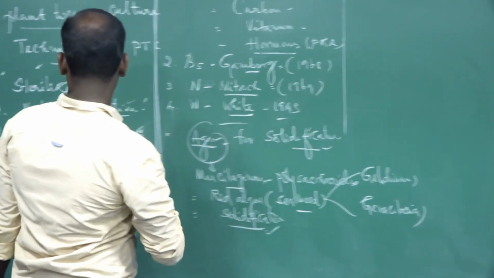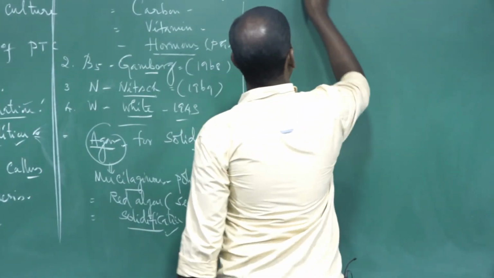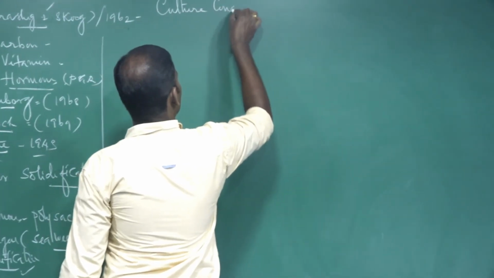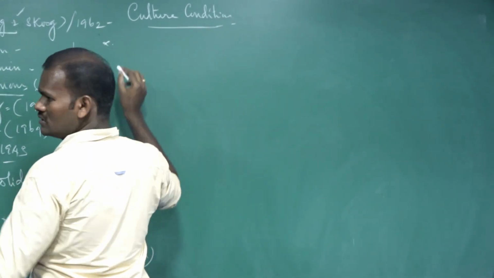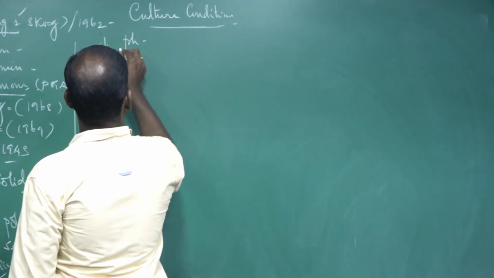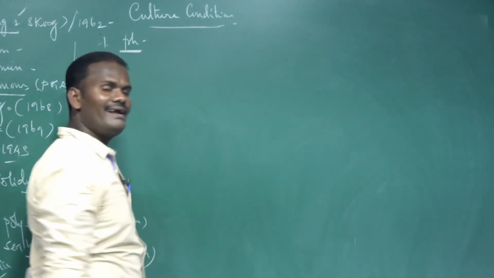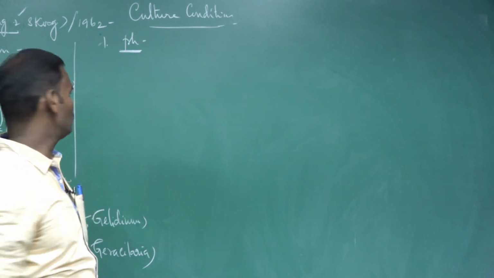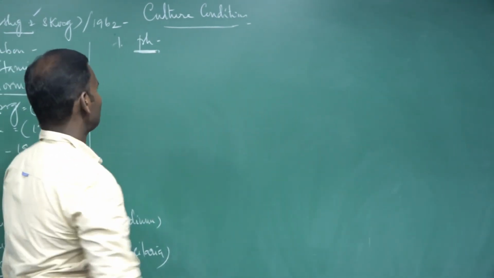Then the third technique, culture conditions. So what are the culture conditions that are used? First one is pH. You know what pH is? Potential of hydrogen ion concentration. How do we maintain the pH in the culture room?